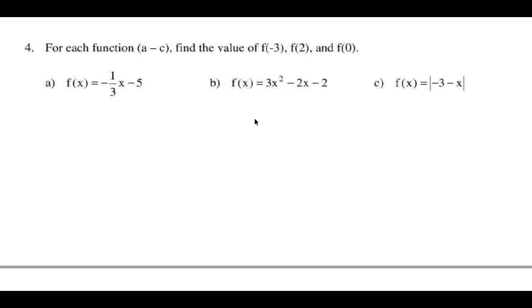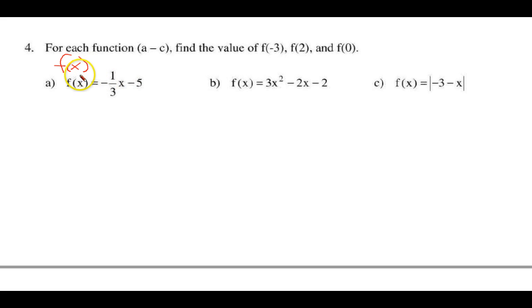Now, we want to introduce here the symbolism of a function. And the symbolism of it is f of x. That is, we read it, the function of x is such that they give you the operation here.